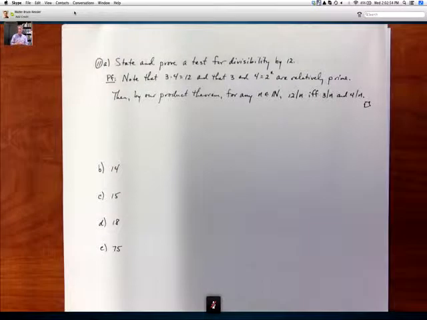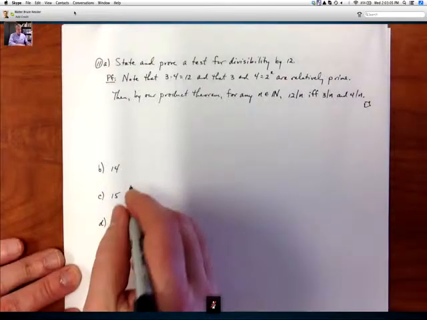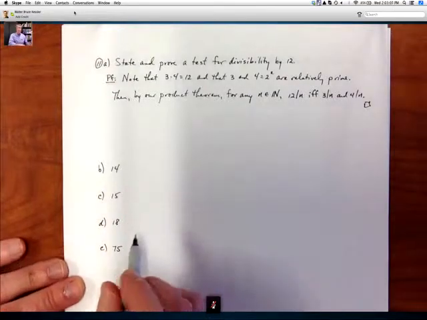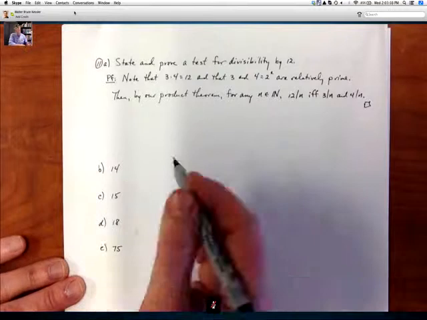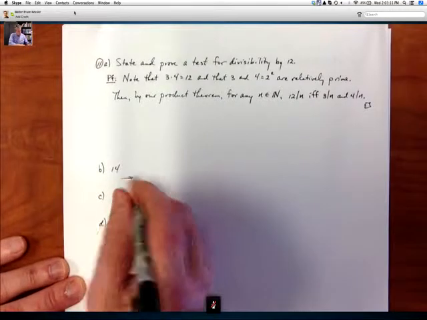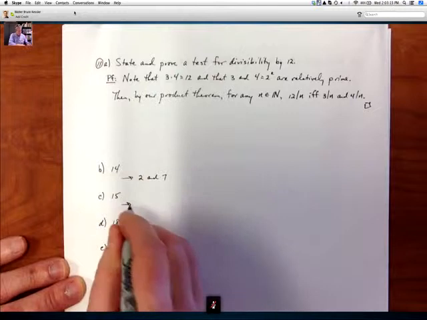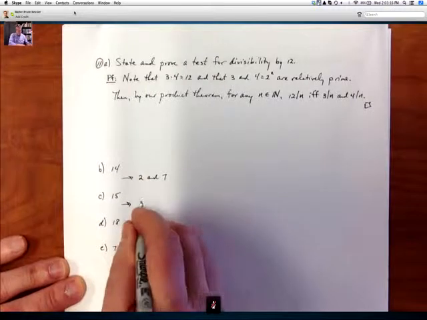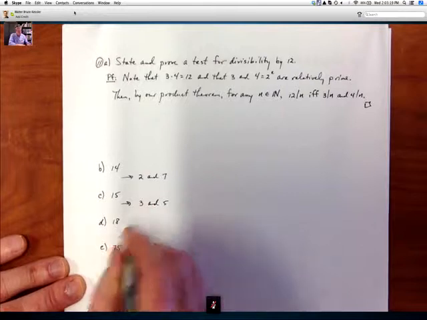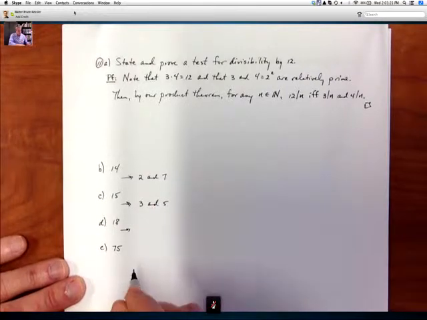That's all there was to that. A lot of people, I think, pass on that problem, maybe kicking themselves now because there really wasn't too much to it. And I'm not actually even going to write out the rest of 11. The big thing was just finding two factors of the numbers that were relatively prime. So, for example, with 14, go with 2 and 7, right? And 15, maybe 3 and 5. And then 18, 3 and 6.